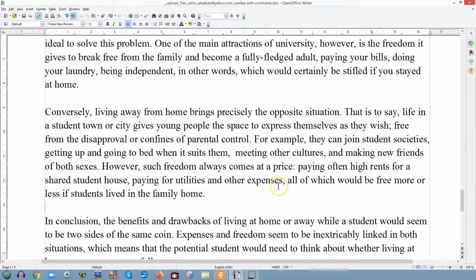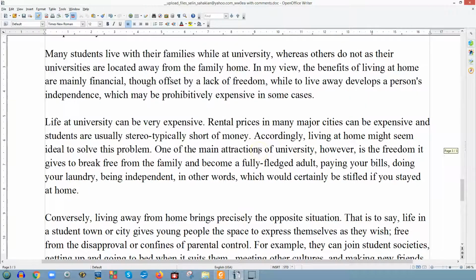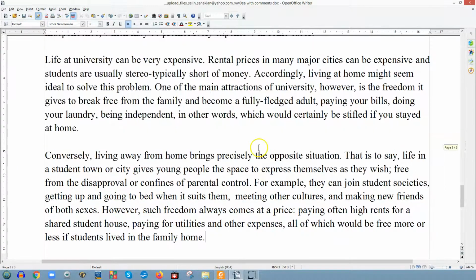However, such freedom comes at a price. Rents, utilities, bills, which you wouldn't pay if you were still at home. So you can see the vocab here. I haven't used student, student, students, parents, parents, parents. We've used either a pronoun or a synonym.